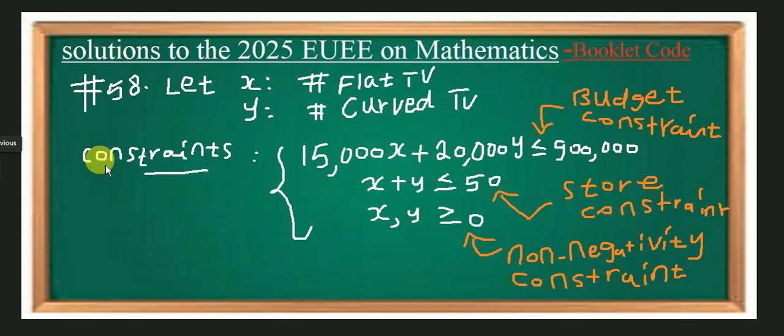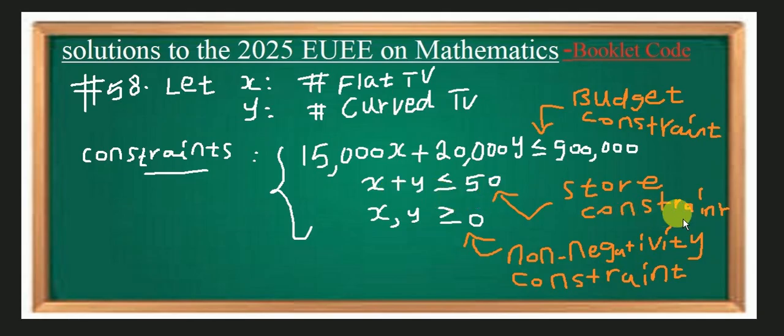Similarly, if we produce X flat TVs and Y curved TVs, the total number of TVs produced weekly becomes X plus Y. But the capacity of the store is only 50 TVs, so X plus Y should be less than or equal to 50.